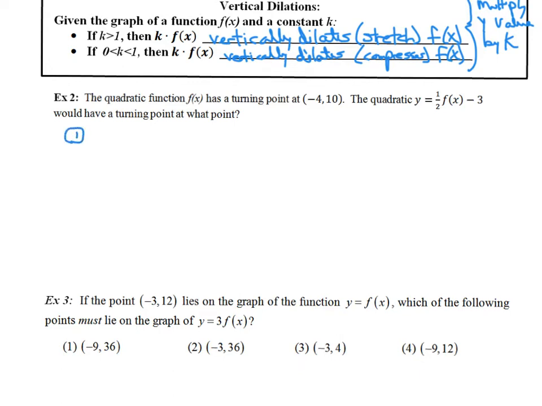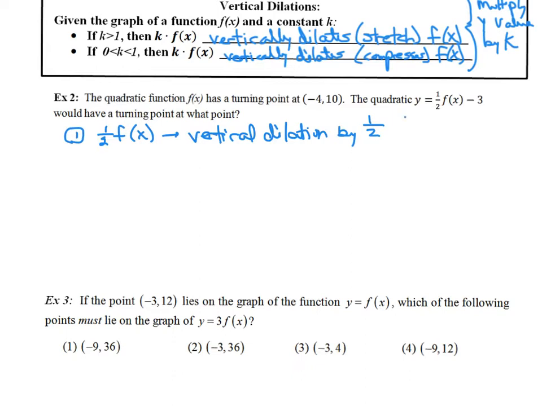Taking the first transformation, we see that we are multiplying our f of x by 1/2. So the 1/2 f of x really is just a vertical dilation by 1/2.